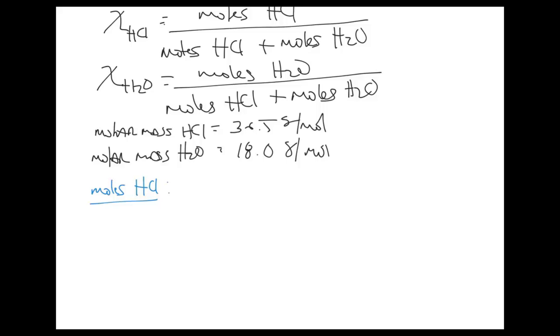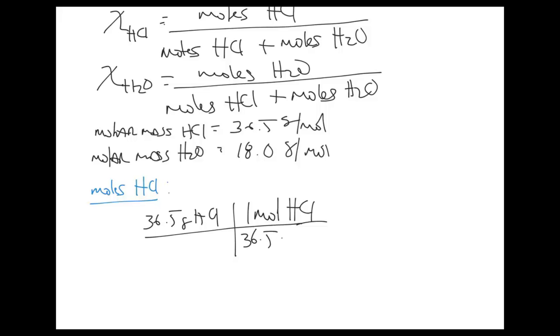It was 36.5 grams of HCl, and we have that 1 mole of HCl is equal to 36.5 grams of HCl. So now we can cancel grams of HCl, and this will be equal to 1 mole of HCl.